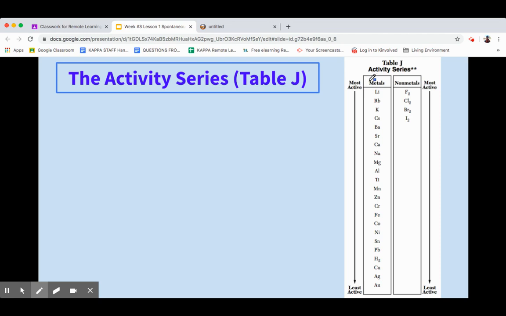Gives us a list of metals and nonmetals. And it looks like they're put in order from most active to least active. Okay? If we're talking about oxidation and reduction, what do you think activity is referring to?